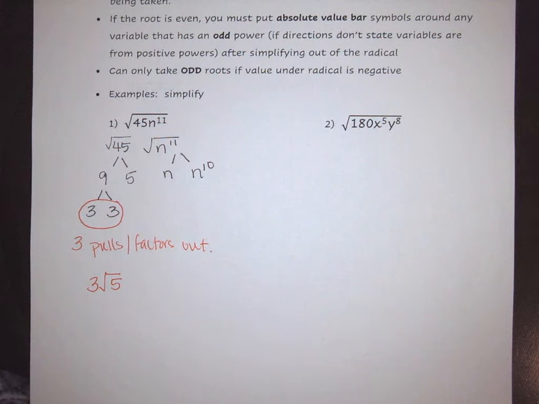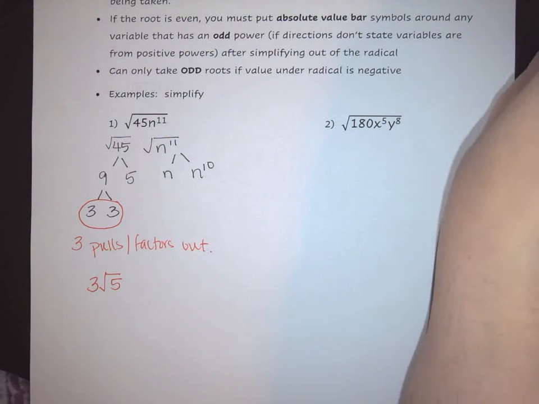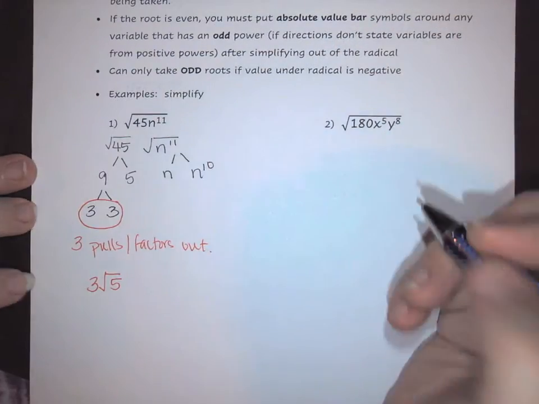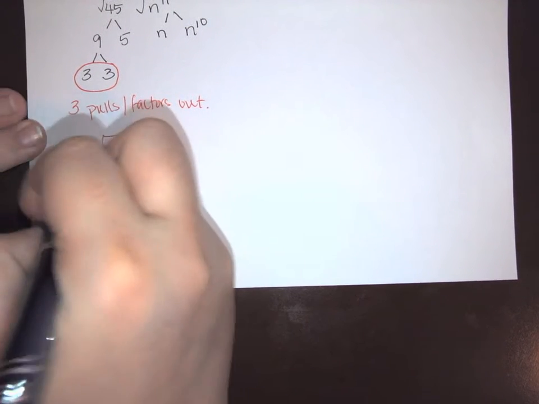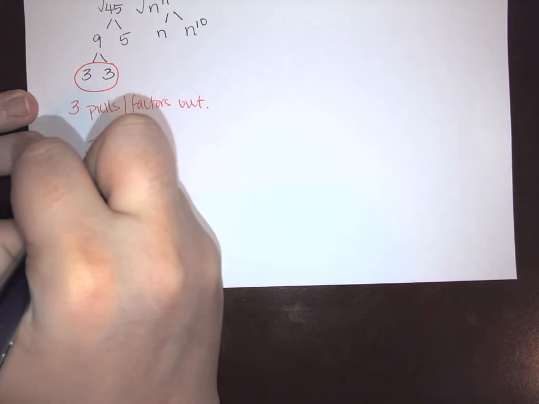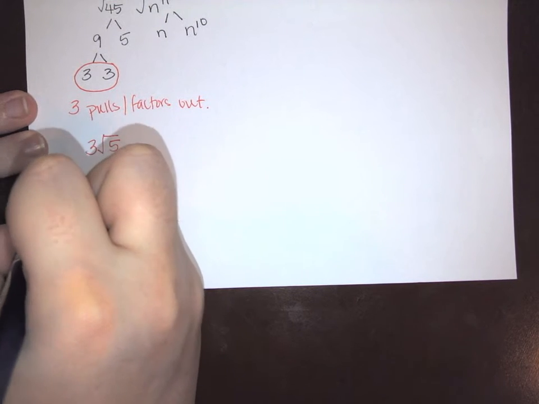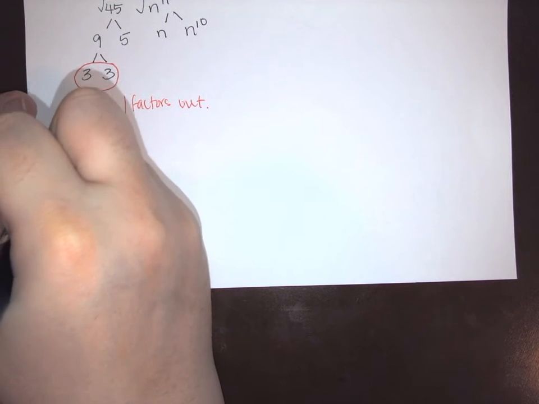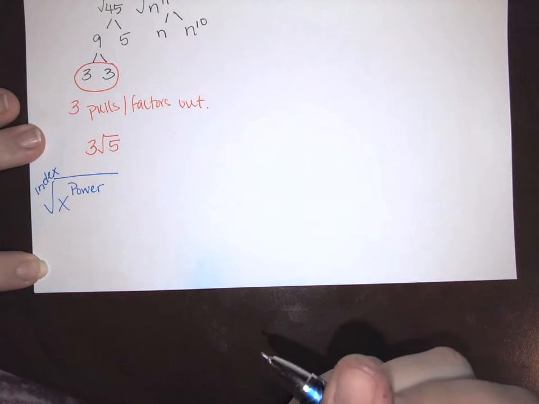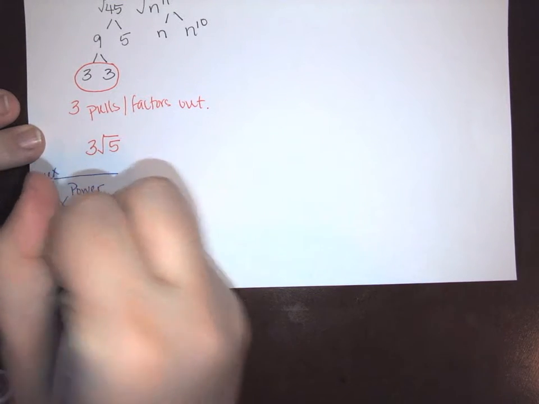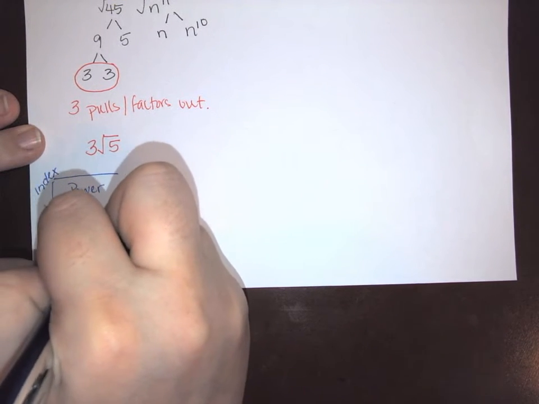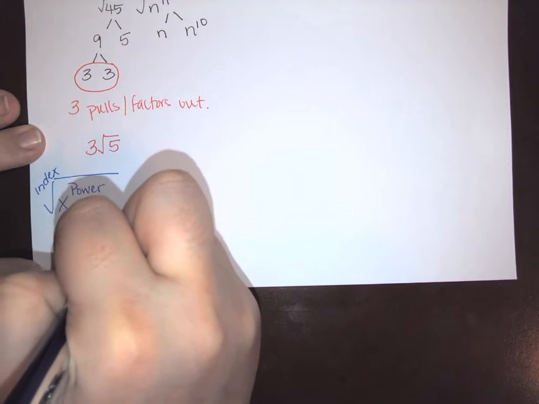The reason I did that is because when we are looking at a variable, say x raised to some power, under the radical with your index, then in order to figure out what it would reduce down to, we look at the power divided by the index.